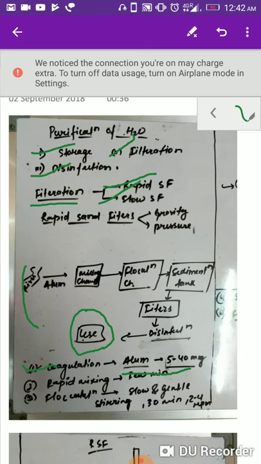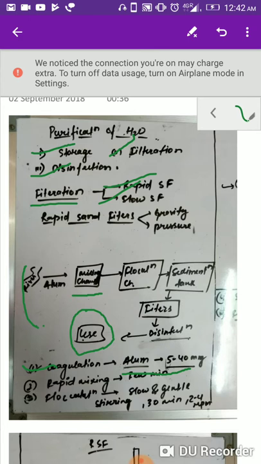The next thing is rapid mixing. After adding this alum to it, it is mixed very rapidly for a few minutes, and then comes the process of flocculation. In this, there is slow and gentle stirring of the water mixed with alum, and it is done for nearly 30 minutes, and the rate of revolution is about 2 to 4 rpm.